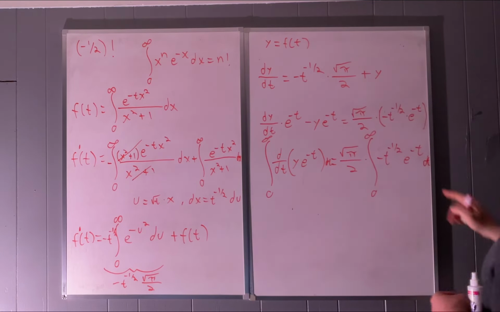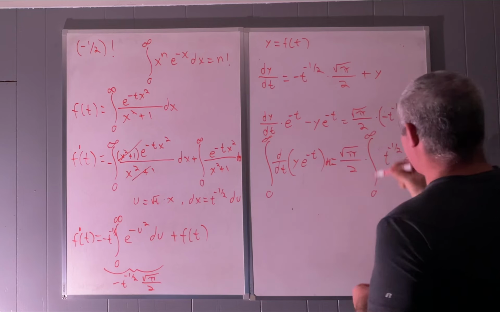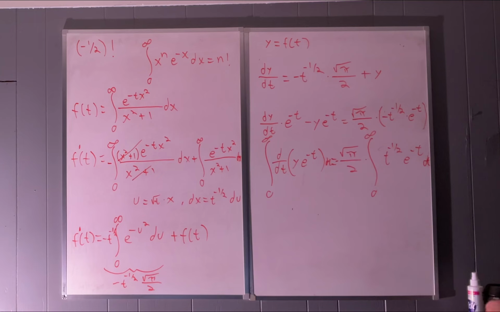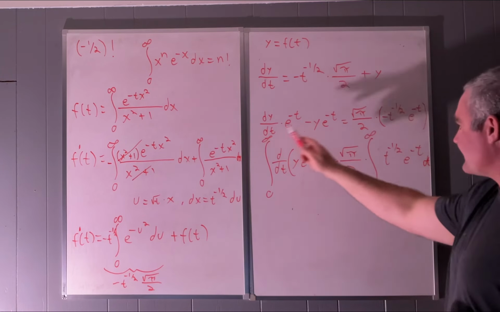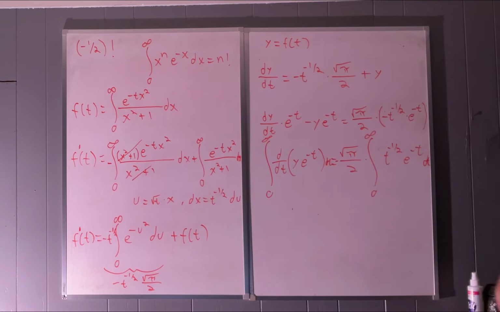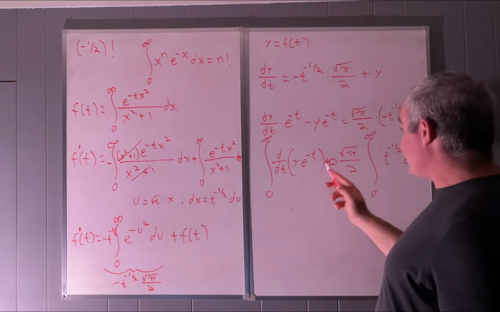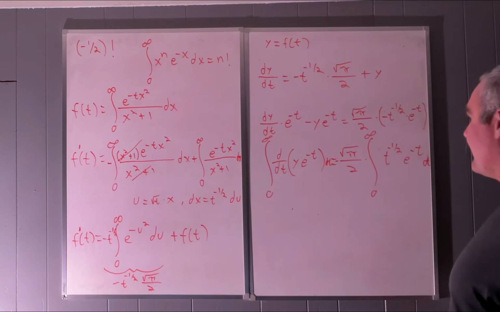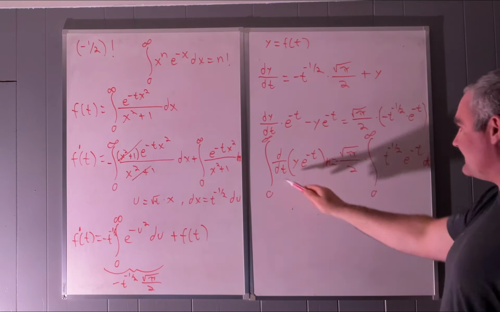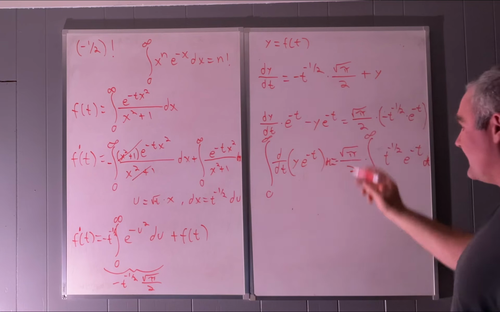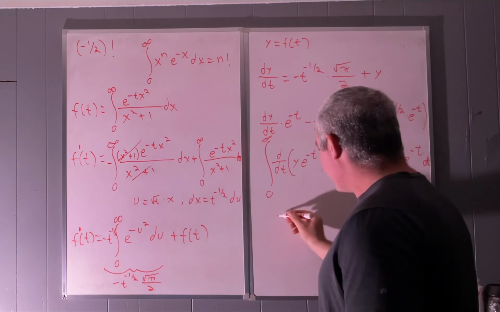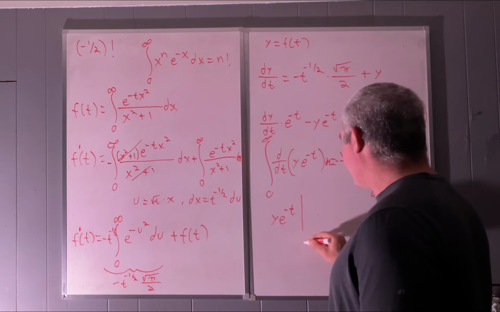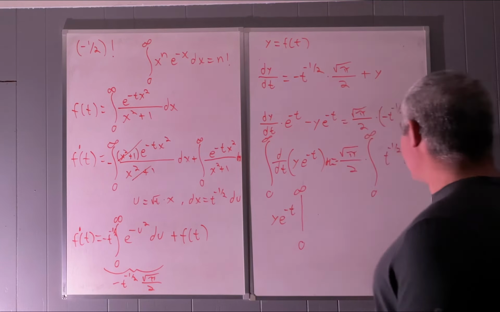Okay. We're going to bring that negative sign out here too. I know it's a little hard to read. Okay, so what's this side going to evaluate to? Well, let's just take the antiderivative and then evaluate it over the bounds. What's the antiderivative with respect to t of the derivative with respect to t of something? It's just the something. So we're going to have y times e to the negative t evaluated from 0 to infinity.